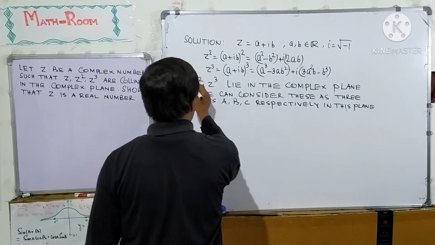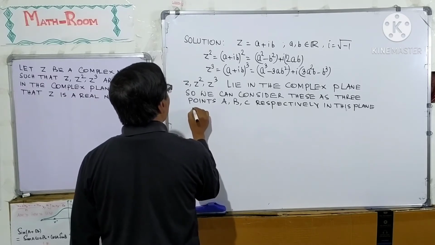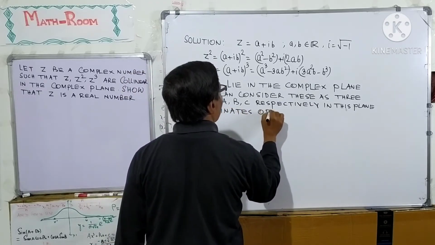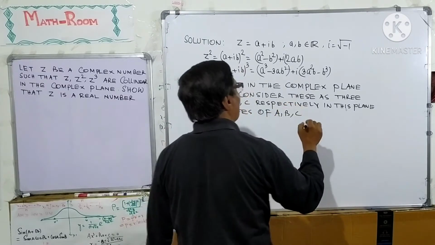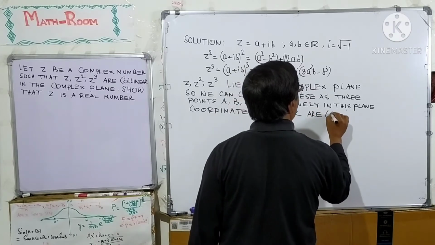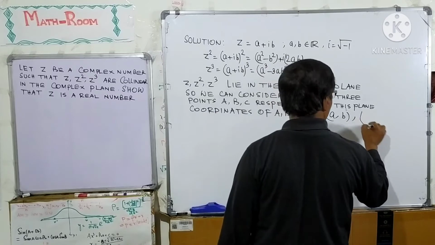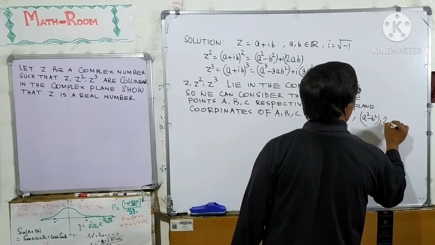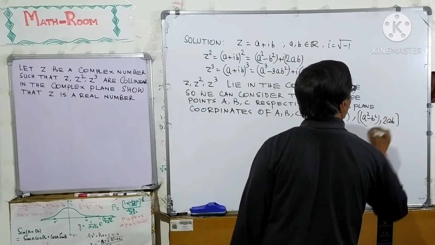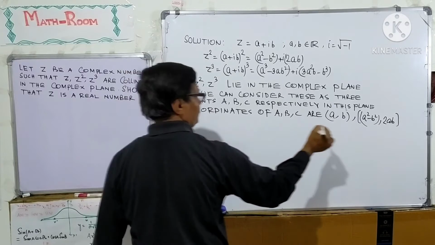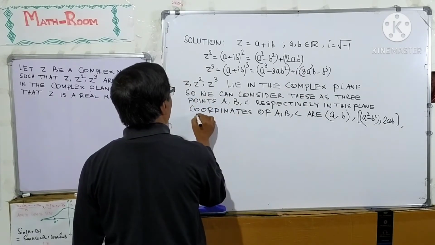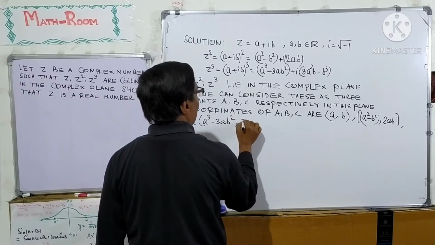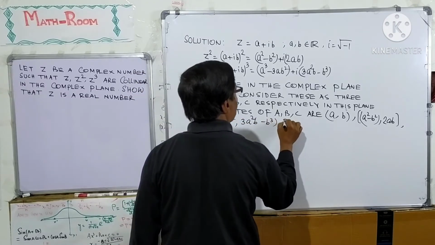And so the coordinates of A, B, C are (a, b), (a square minus b square, 2ab) and (a cube minus 3ab square, 3a square b minus b cube) respectively.